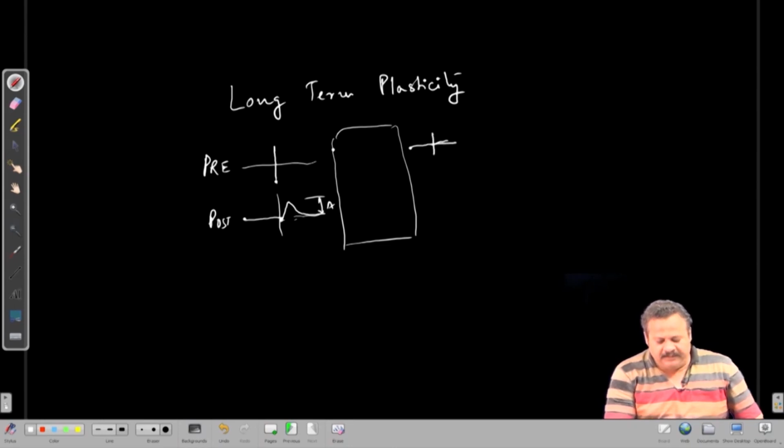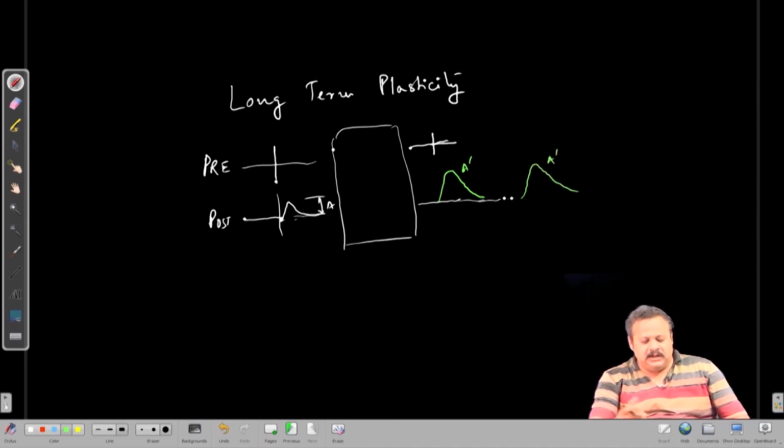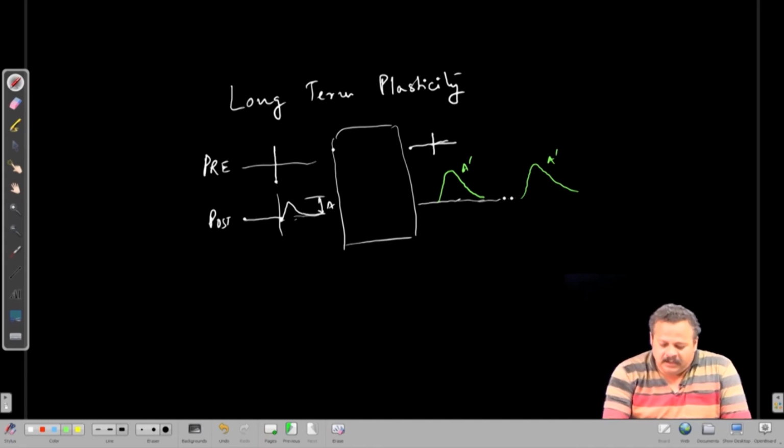that we have a presynaptic spike, and postsynaptically we measure the postsynaptic potential. Let us say it increases to A prime. We leave it undisturbed for a while and measure it again, and we see that it is still A prime, or at least larger than A. It can decay a little, and it keeps going.